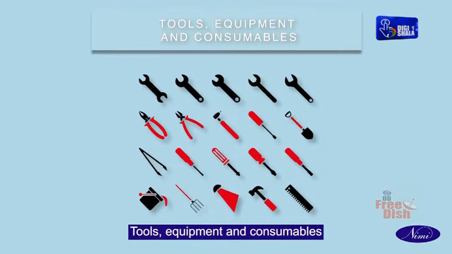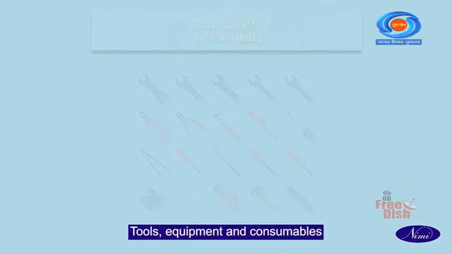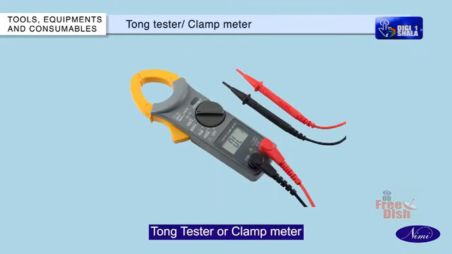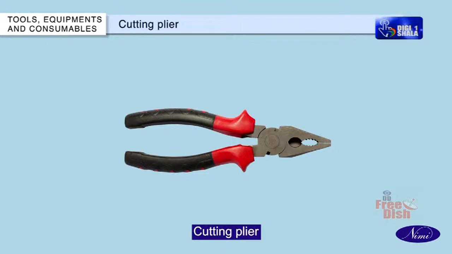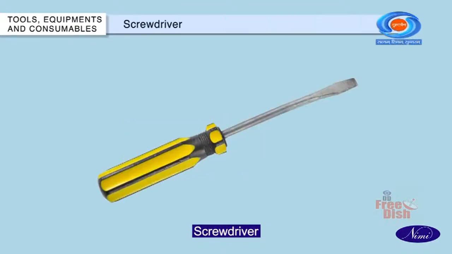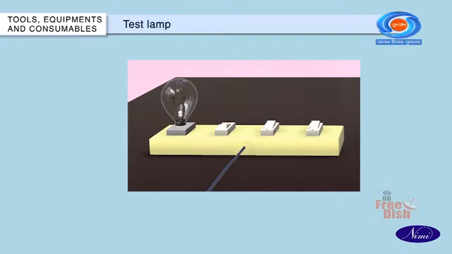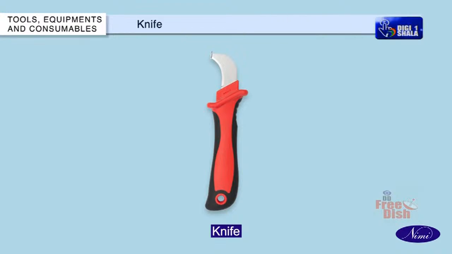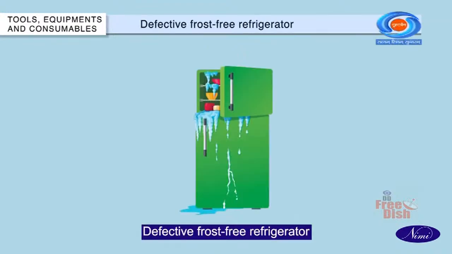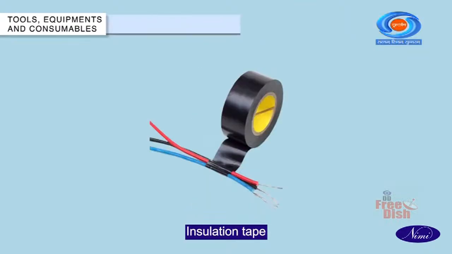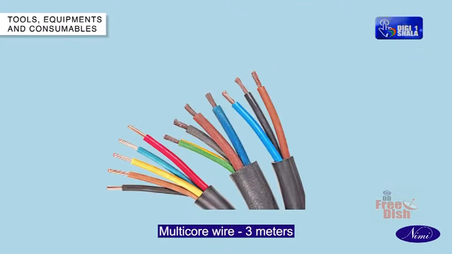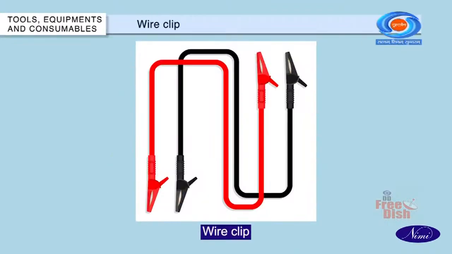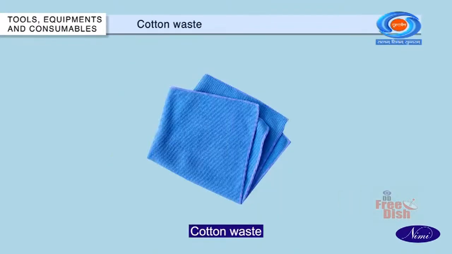Trainee's tool kit, tong tester or clamp meter, cutting plier, screwdriver, test lamp, voltmeter and ammeter, knife, defective frost-free refrigerator, insulation tape, multi-core wire 3 meters, wire clip, cotton waste.